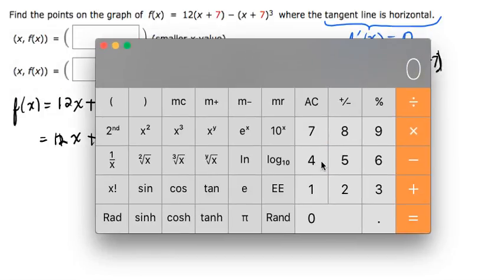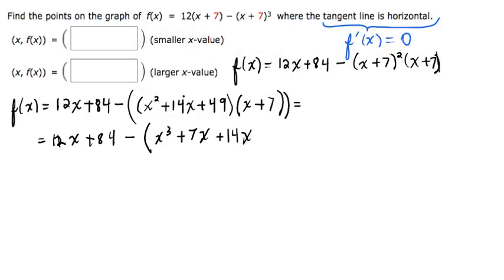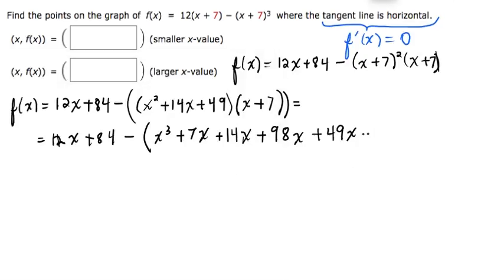For the 14 times 7, we get 98. So that's the 14x times 7 is positive 98x. Then these two terms come to plus 49x, and then 49 times 7 is 343.